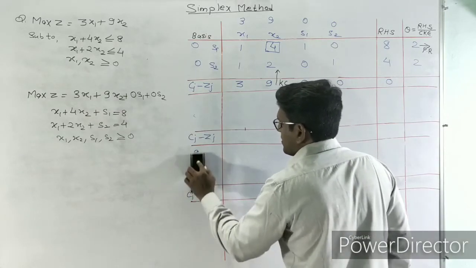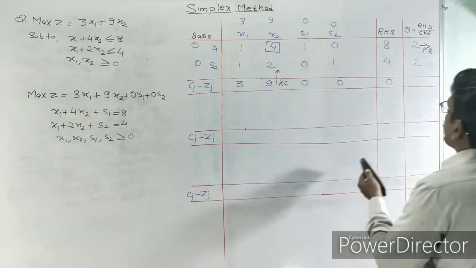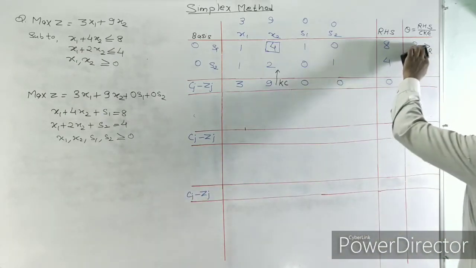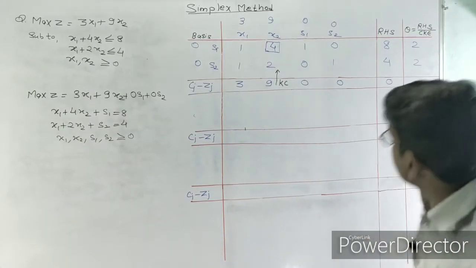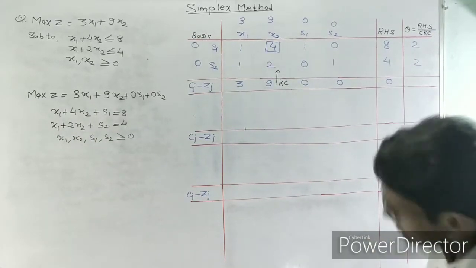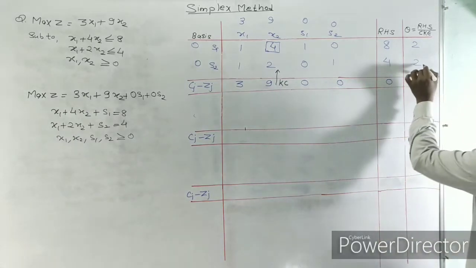So let us see here what would have happened. So now let us select this as our leaving variable.